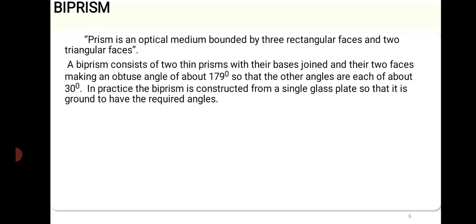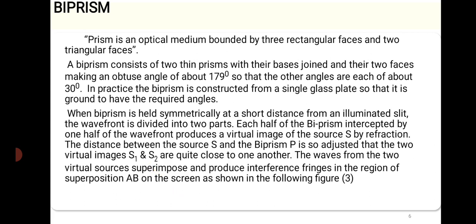In practice, the biprism is constructed from a single glass plate so that it is ground to have the required angles. When the biprism is held symmetrically at a short distance from an illuminated slit, the wavefront is divided into two parts. Each half of the biprism, intercepted by one half of the wavefront, produces a virtual image of the source S by refraction.